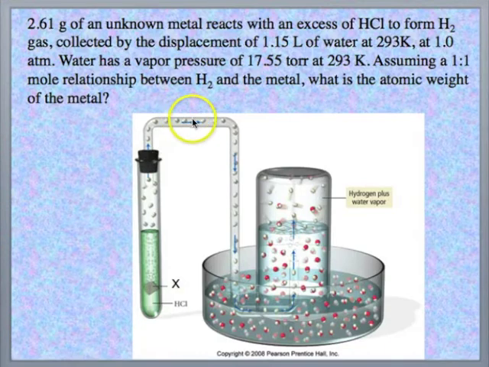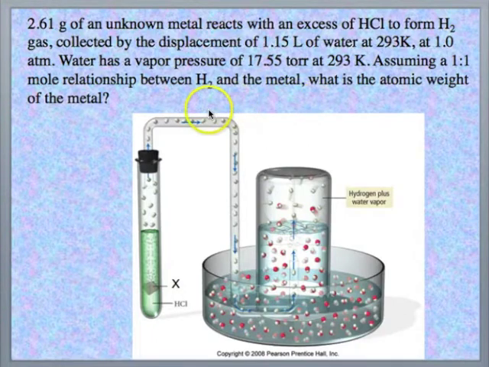And the hydrogen gas we collect by displacement. We displace 1.15 liters of water at 293 Kelvin, which is, of course, the volume of the gas generated, and the pressure is 1 atmosphere. Water has a vapor pressure of 17.55 torr at 293 Kelvin.